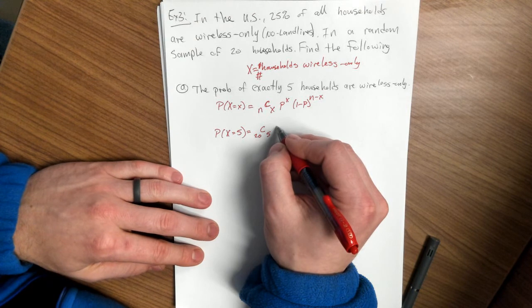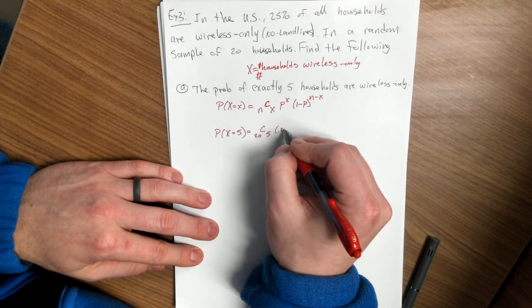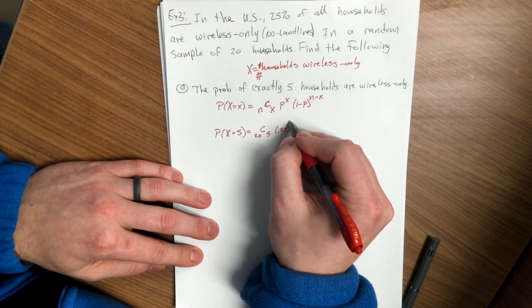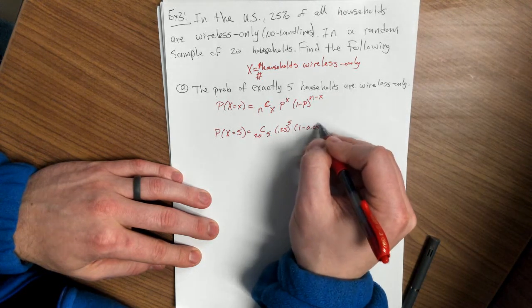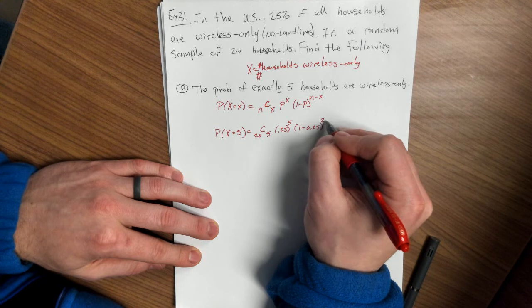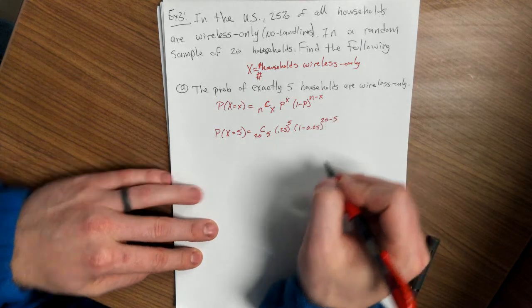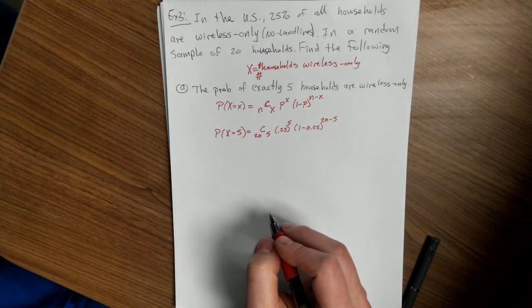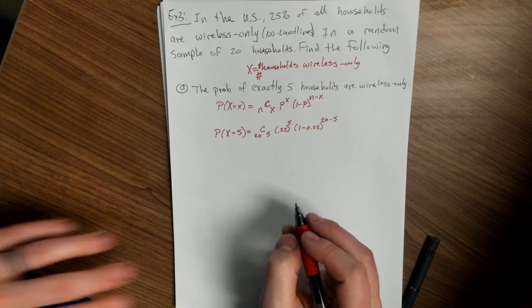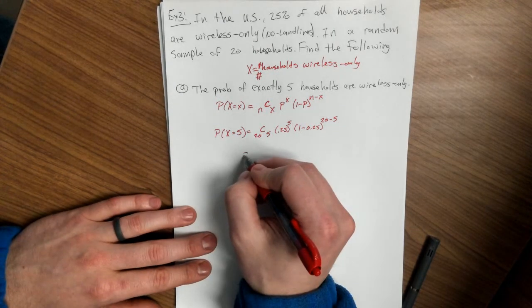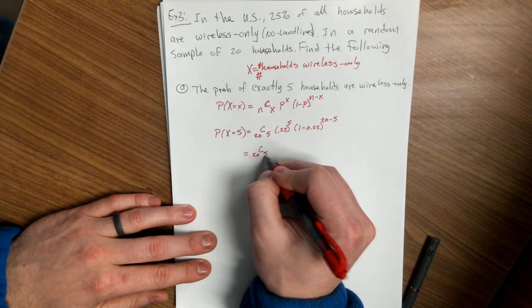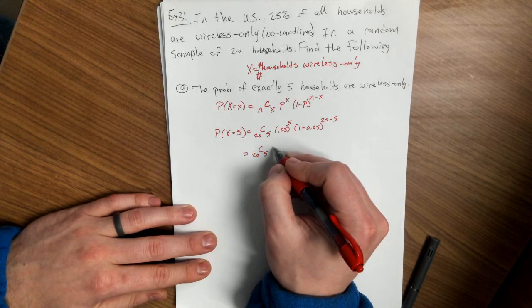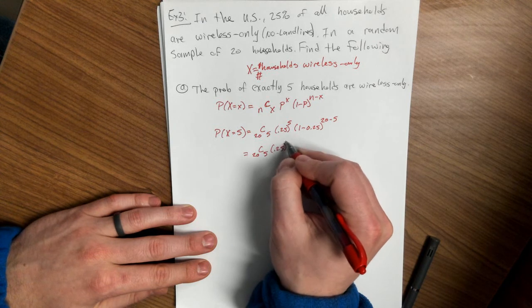So we will say 0.25 raised to the 5th power, and then 1 minus 0.25 raised to the n minus x power. So take it step by step and let's simplify a couple things first. Let's say this is 20 combination 5, and this stays the same.